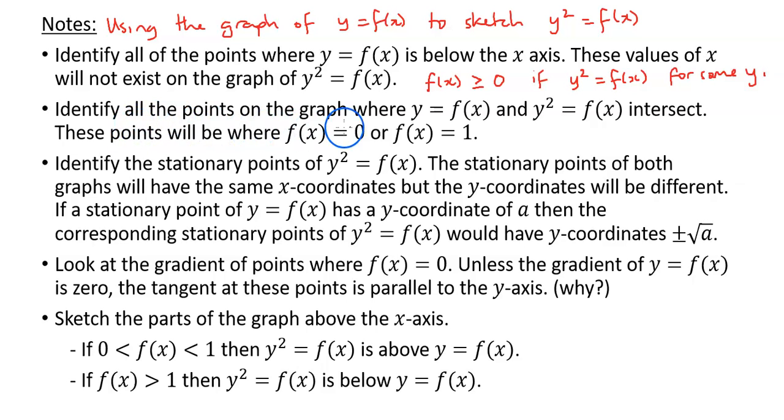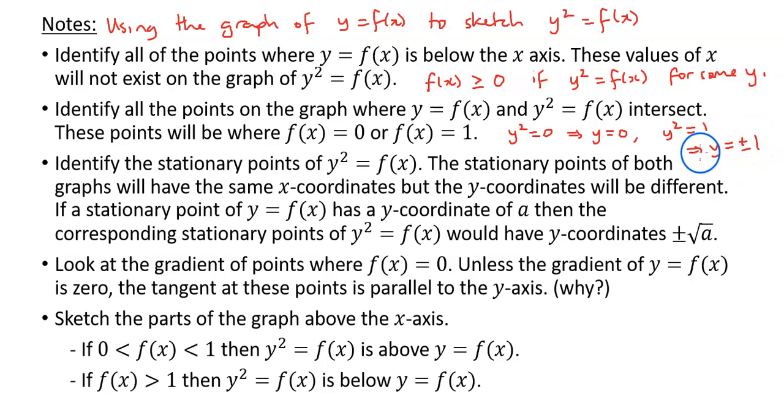Okay, the next point. Identify all the points on the graph where y equals f of x and y squared equals f of x intersect one another. These will be the points where f of x equals 0 or f of x equals 1. Because if f of x equals 0, then setting y squared equals 0 also gives y equals 0. And if f of x equals 1, then setting y squared equals 1 gives us that y is equal to plus or minus 1.